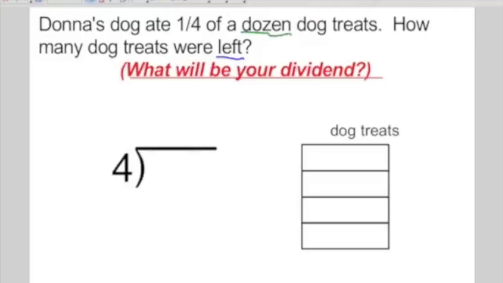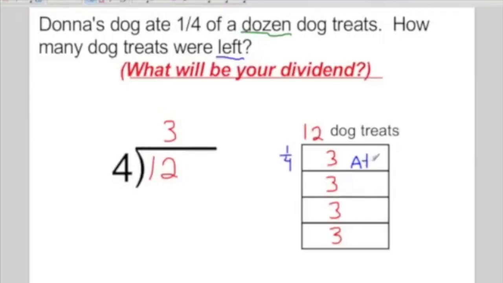You've got to ask yourselves, how many in a dozen? 12 is in a dozen, right? So this is basically starting off 1/4 of 12. 3, 6, 9, 12. They're all spoken for. 1/4 is what that dog ate.